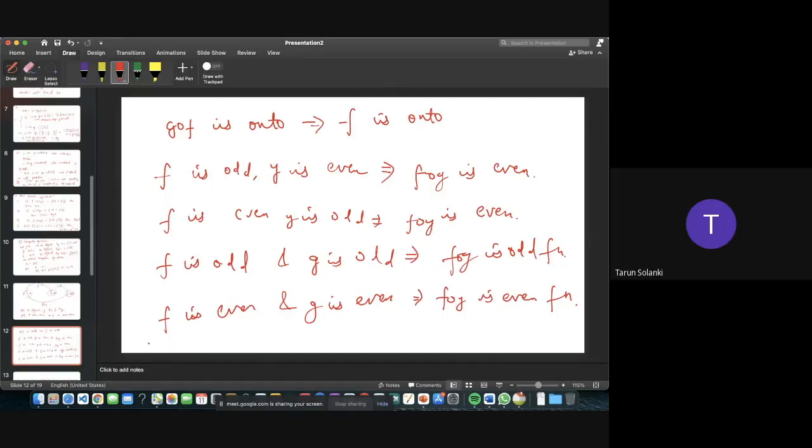So here we conclude that all functions are relations, but all relations may not be functions.